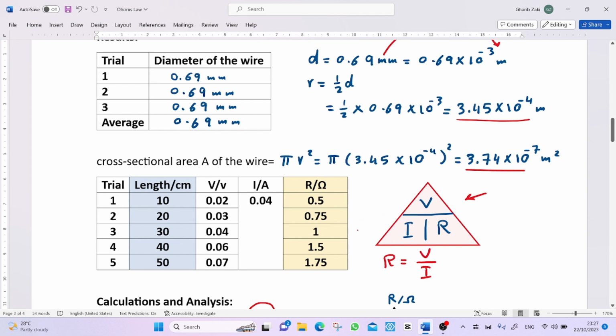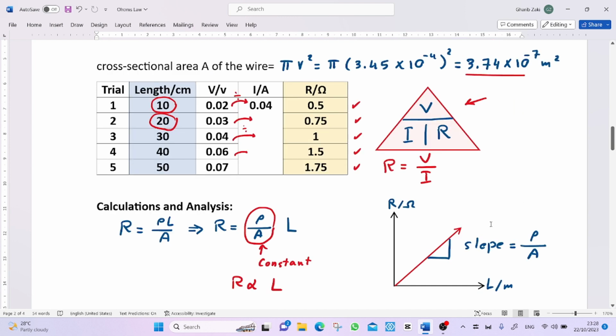So we divide V by I. We divide 0.02 by 0.04, divide 0.03 by 0.04, and so on, to get the resistance of each part of the wire. So when the length is 10 centimeter, the resistance is 0.5. When the length is 20 centimeter, its resistance is 0.75 and so on.